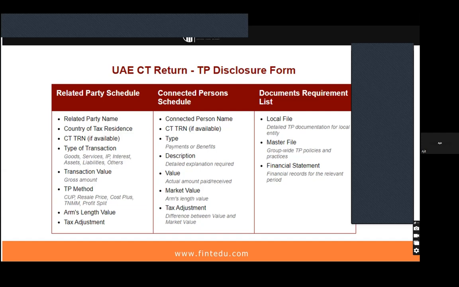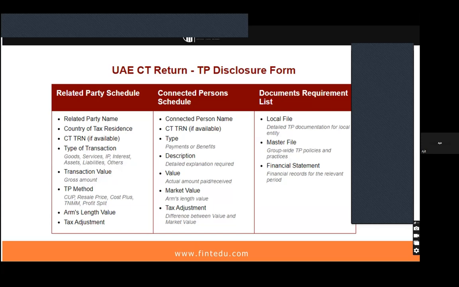Similarly, for the connected person, you provide the connected person name, TRN number if available, and the type, whether it is payments or benefit. This is very important when we talk about article 36: we always talk about payment to connected persons, but the term is payment or benefit.